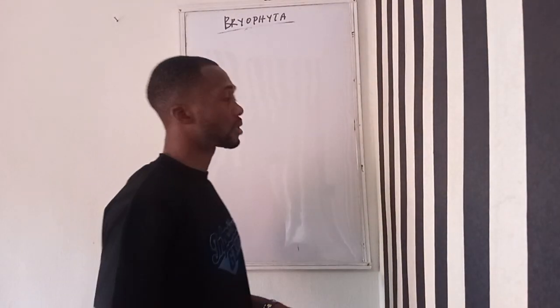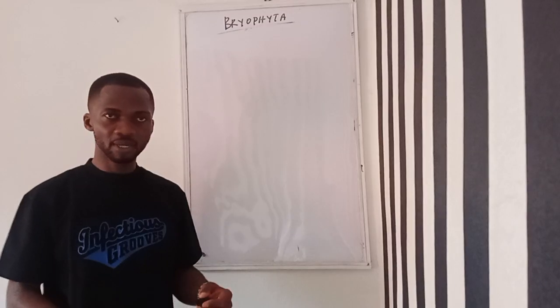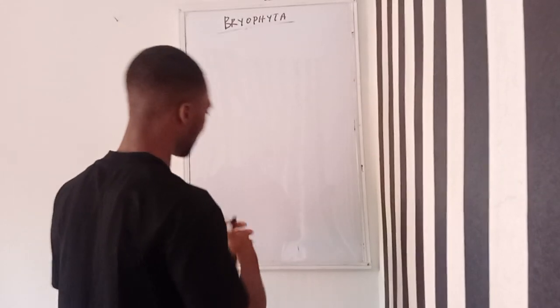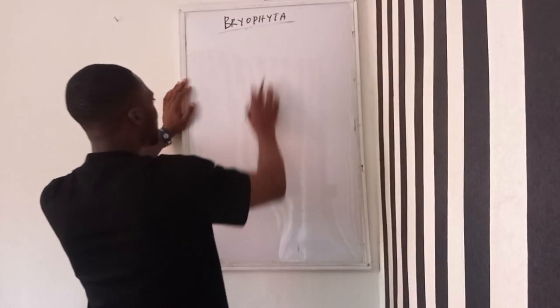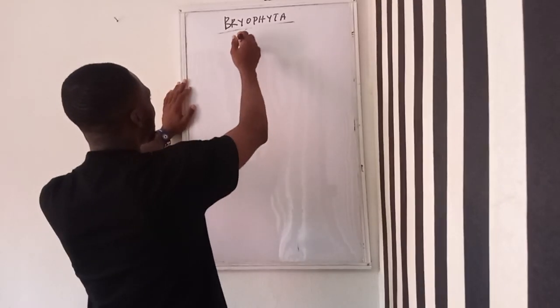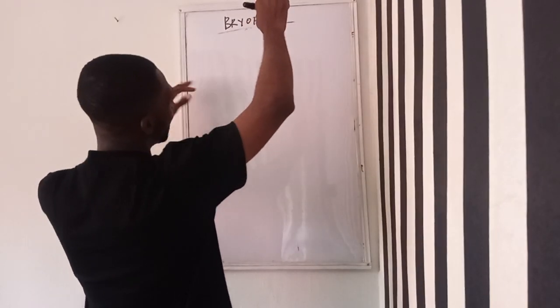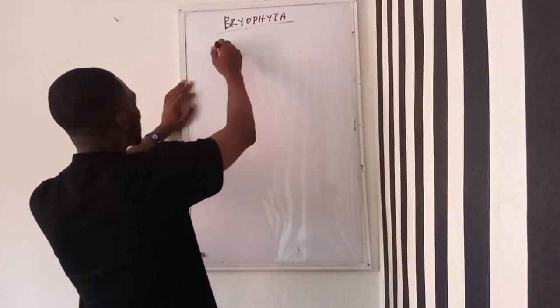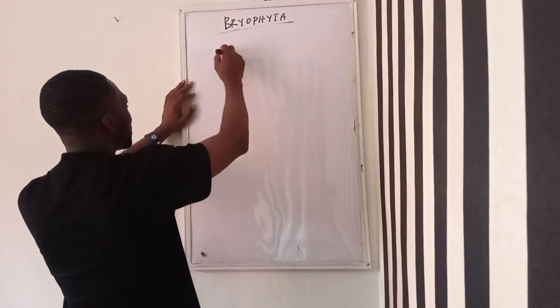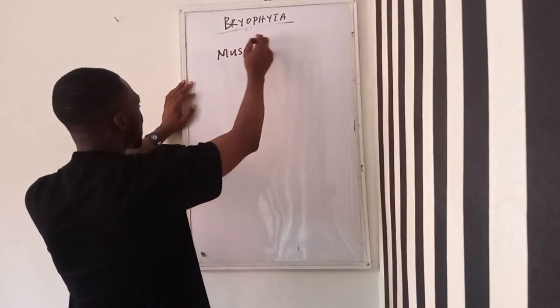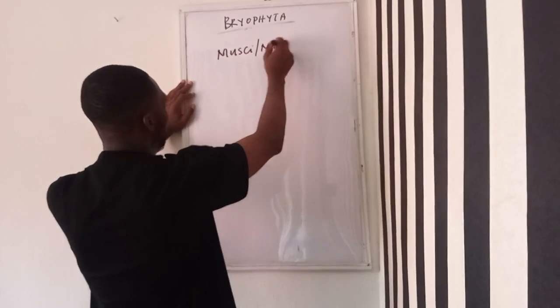Bryophyta can be classified into the following. Let's talk about the musci or the moss.